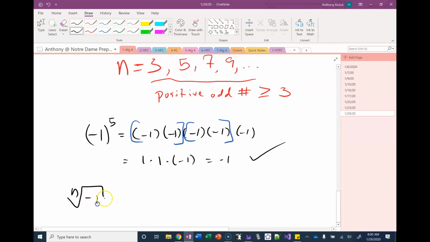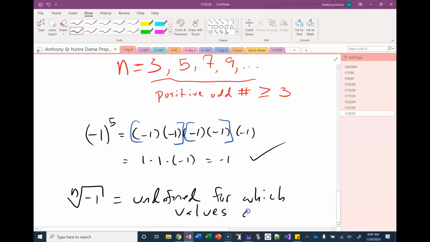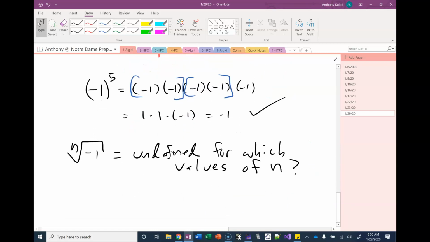So then let's worry about when it's undefined. What values of n can we not take the radical of? The even starting with 2.